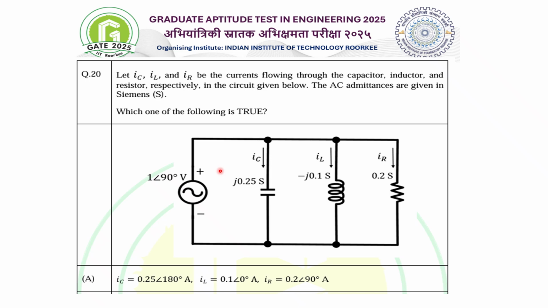For the capacitor the admittance is j0.25, and similarly for the others. We have to find the values of the current passing through the capacitor, inductor and resistor. Voltage is given here, right? So this is the question.